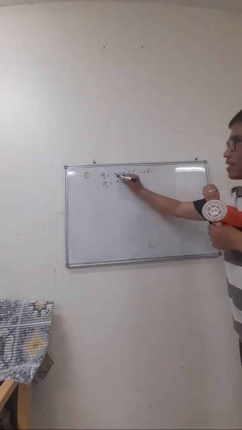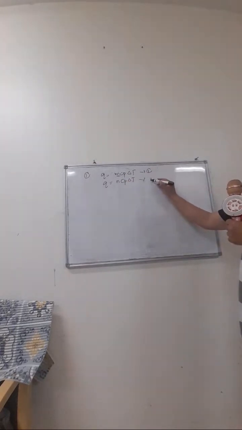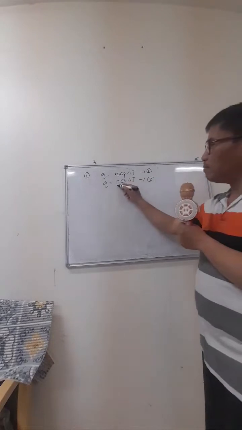Equation 1 is used if the given is in mass. Equation 2 is used if the given is in number of moles, with no mass. For example, 2 moles of iron reacted with water, calculate the heat of iron. Now it's not the mass usually, so you will use equation 2, the nCpΔT.